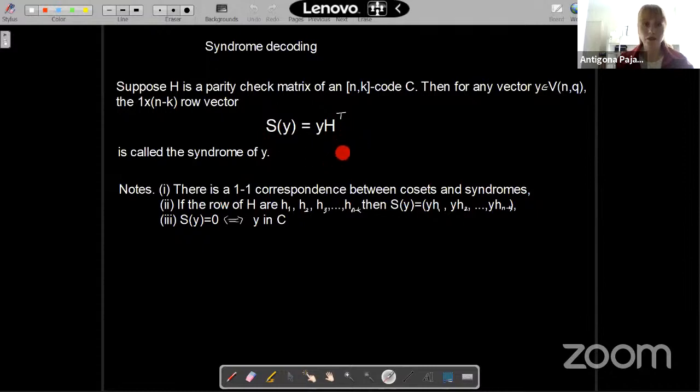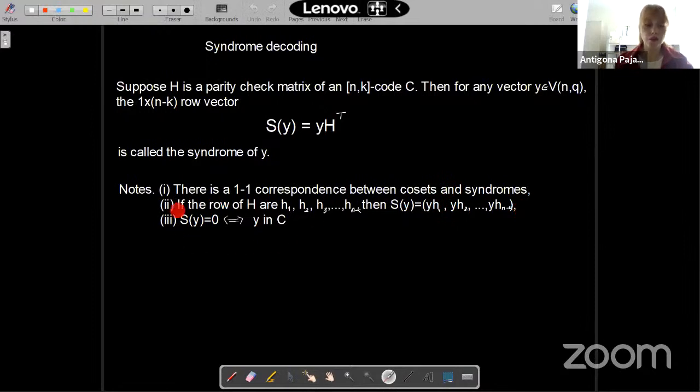This is a 1 by n minus k row vector. Now we know that there is a one-to-one correspondence between the cosets and the syndromes. If the rows of H are denoted as H1, H2, H3 to H n minus k, then the entries of the syndrome of y will be y times those rows.